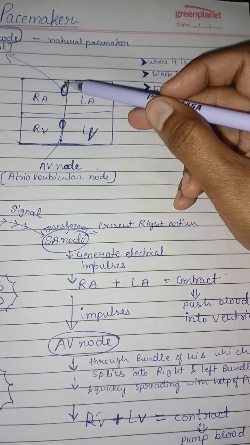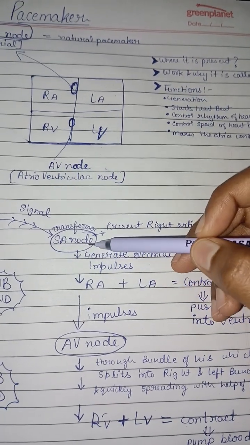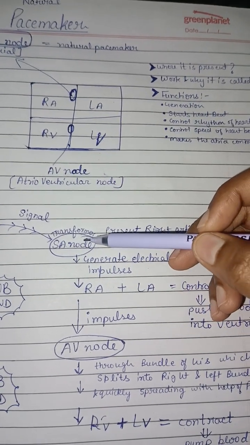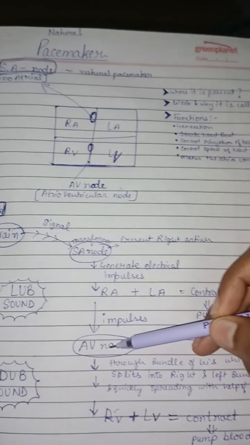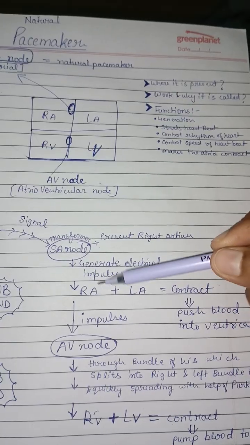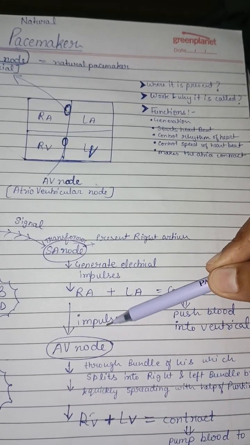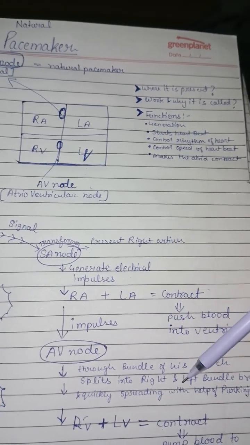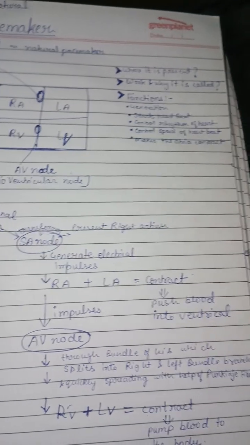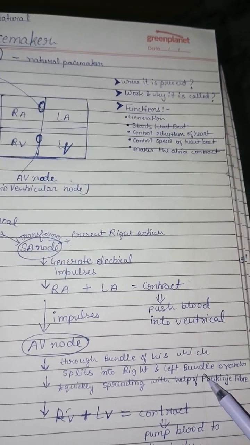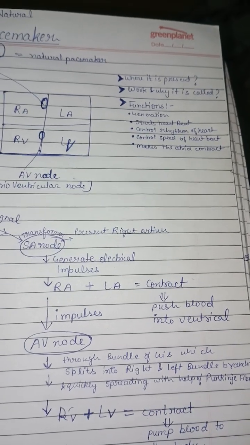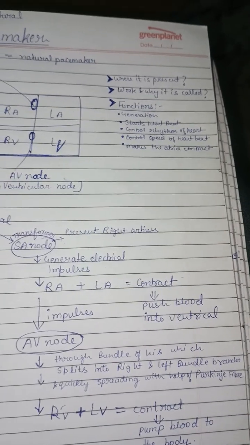But how? First, the SA node sends its electrical impulses to the AV node, and then through the bundle of His, which splits into the right and left bundle branches, quickly spreading with the help of Purkinje fibers.